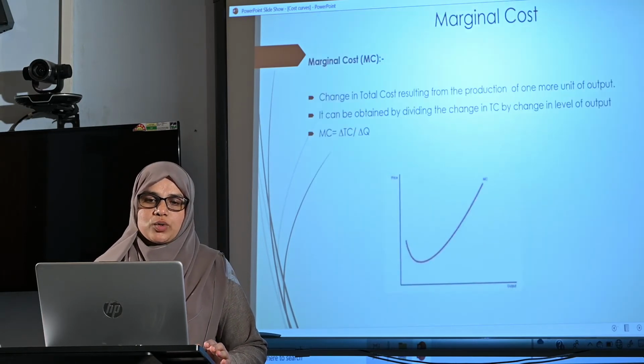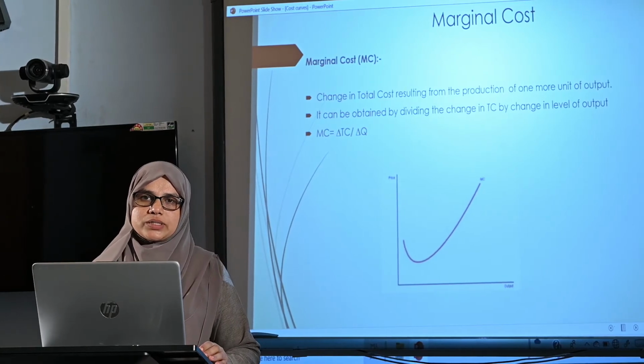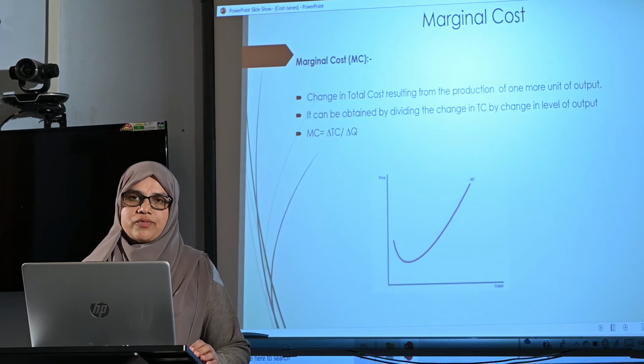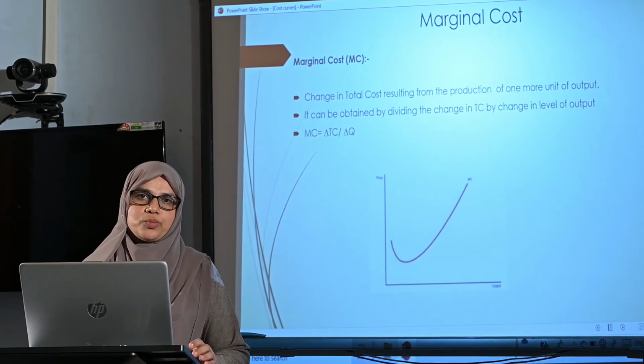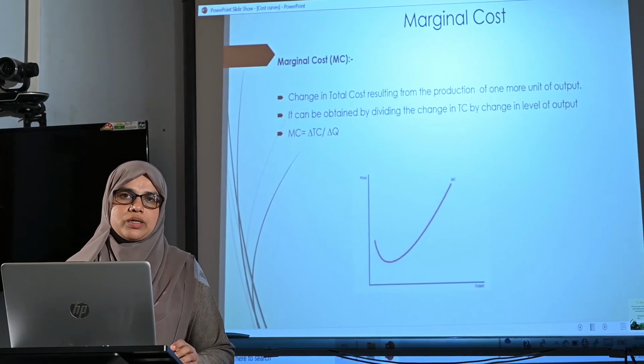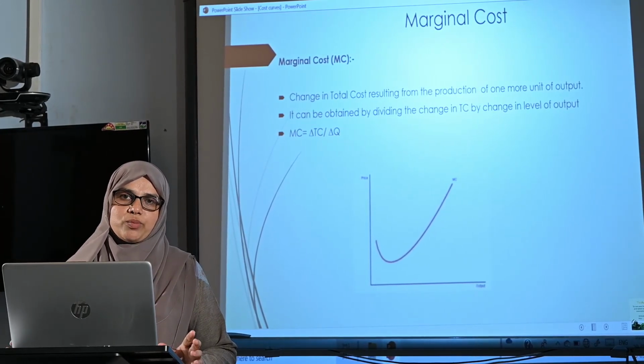Then marginal cost. Marginal cost is change in total cost resulting from the production of one more unit of output, or it is the addition to total cost resulting from production of one more unit of output.